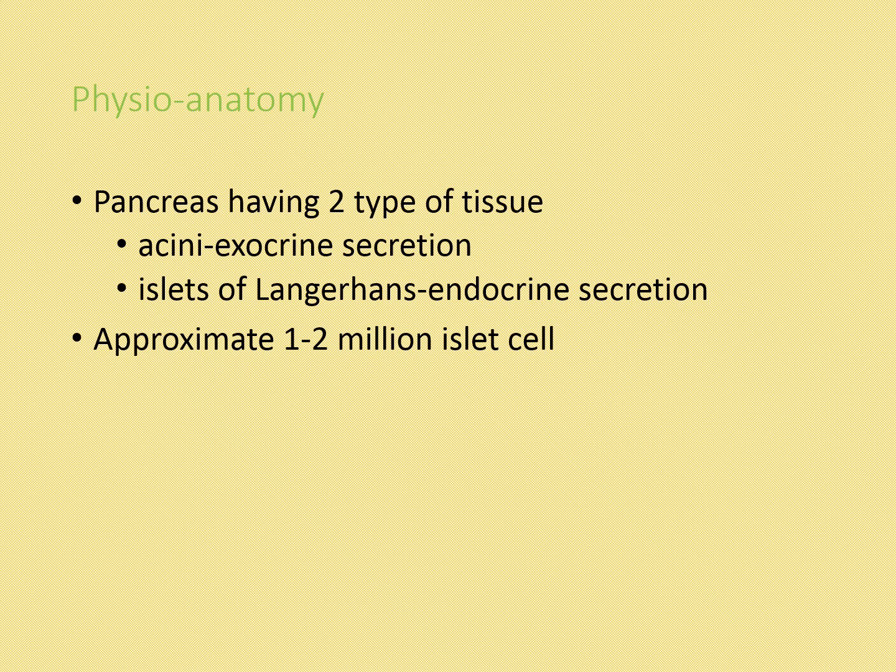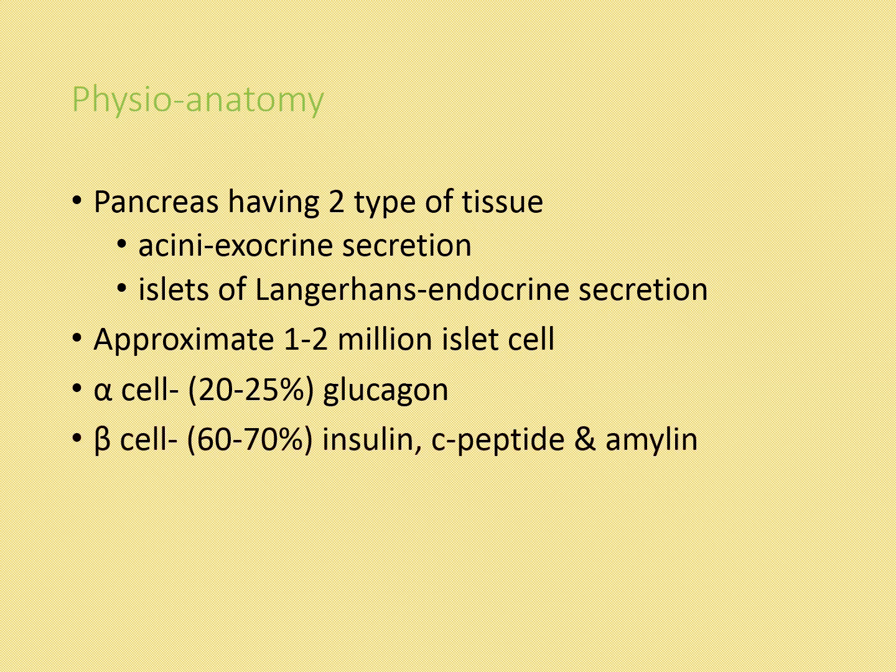Now these islet cells have alpha, beta, delta cells. Alpha cell, 20 to 25%, releases the glucagon hormone. Beta cell, the major one, 60 to 70%, releases insulin, C-peptide and amylin hormone.